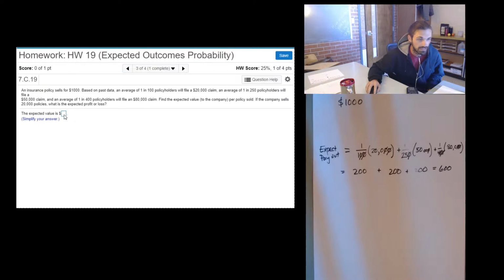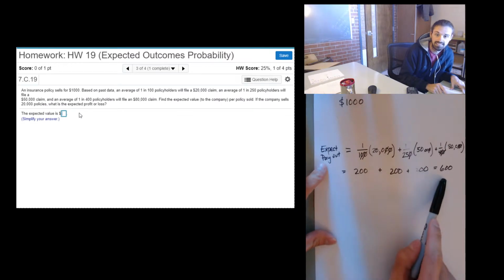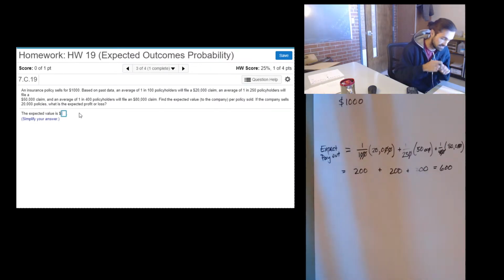So the expected value here, what they're looking for, is what is the expected value to the company for each $1,000 policy sold. So for each $1,000 policy sold, you have to put $600 on hand for the potential payout. So that leaves you with a value of 400.